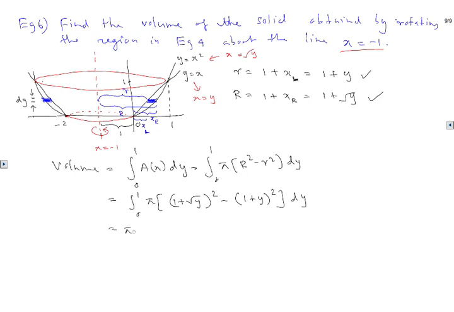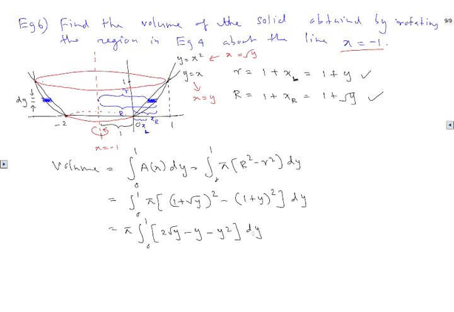You take pi out, from 0 to 1. You simplify, and the 1s get cancelled. You get 2 square root y from the first one, and then you also get a y term, negative 2y, so this is a minus y, and also y squared. Those are the terms after you distribute and simplify.